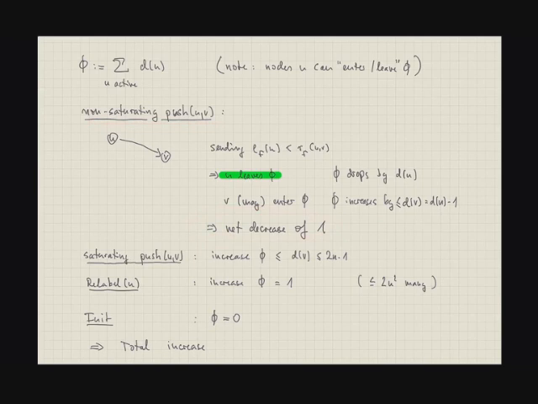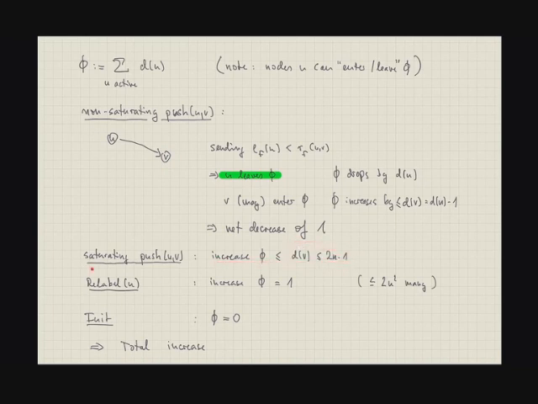And now I just have a look at all the other operations that we are doing and what the effect is on the function phi. So what about the saturating pushes? Well, if I have a saturating push, that means that I saturate such an edge, and that could actually mean that node U remains active and was active before, so we don't have the drop, and V becomes active, so there might be an increase in the potential function, but this increase is at most the label of V, which is upper bounded by 2n minus 1.